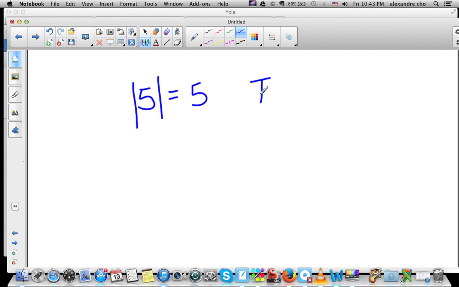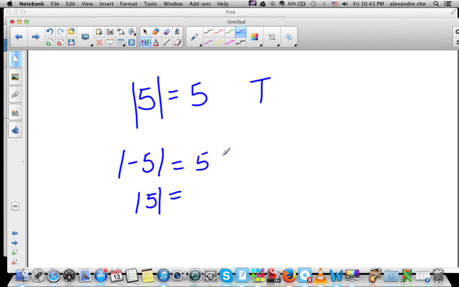The absolute value of every integer is positive. Yes, that's true. Let me pick one negative integer, one positive integer, so we cover our bases. The absolute value of a negative integer, in this case negative 5, is 5.